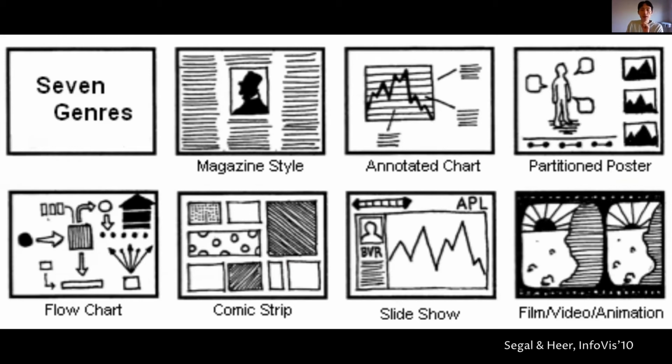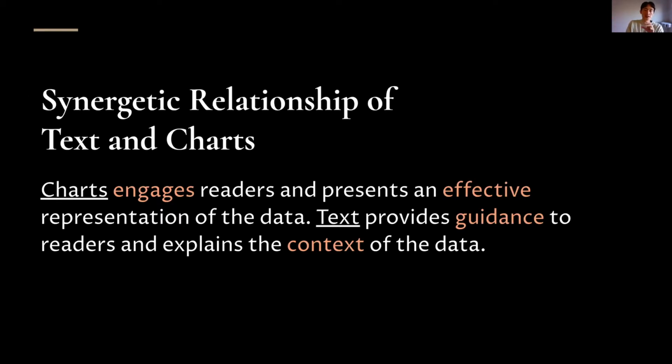One of the common things across all these data stories is that there is a synergistic relationship between the chart and the text, meaning that charts engage readers and present a perceptually effective representation of the data. On the other hand, text provides guidance to readers and explains the context of the data. So they really create a symbiotic relationship.